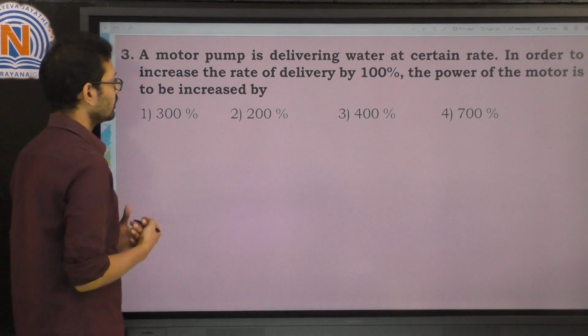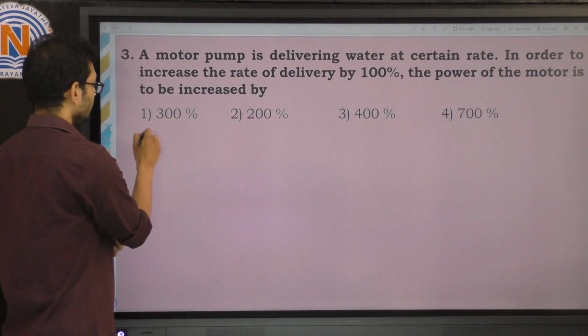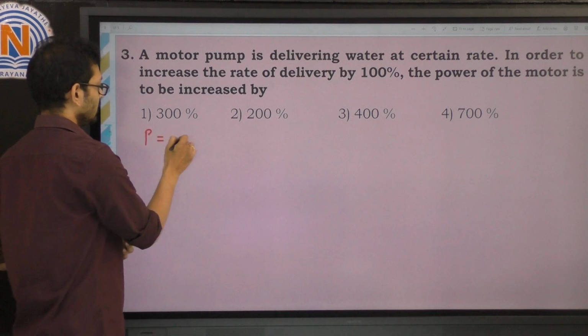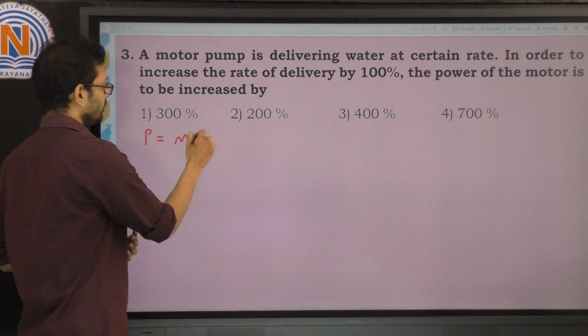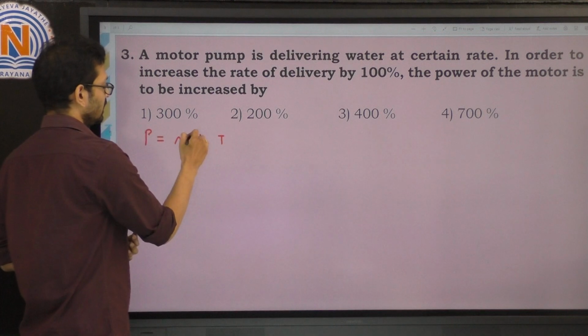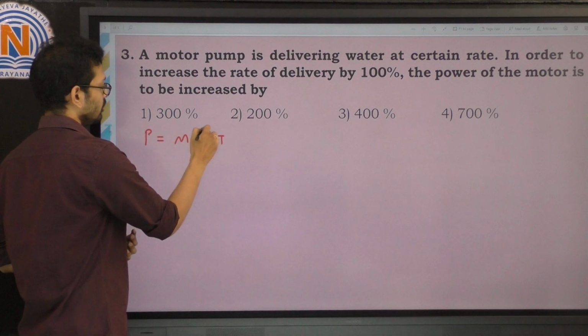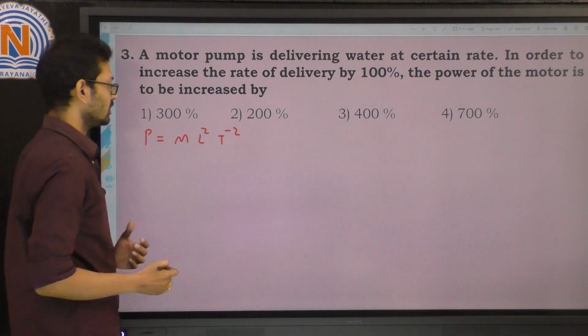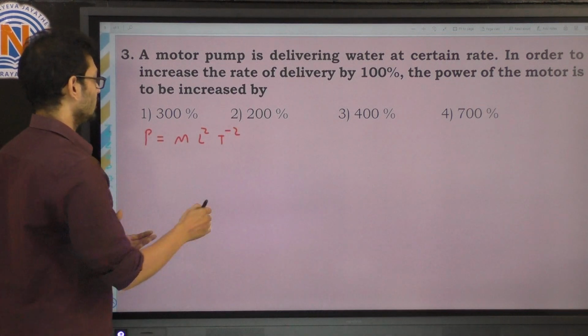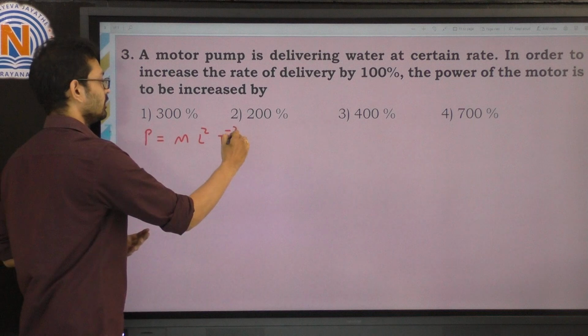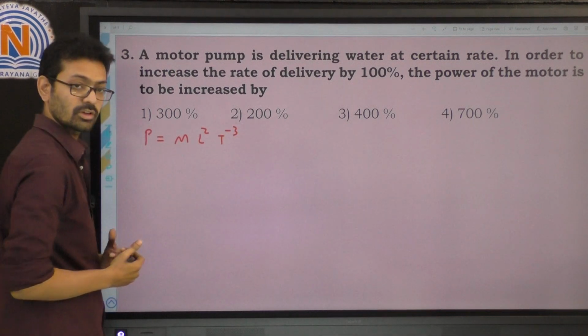The dimensional formula of power is M power 1, L power 2, T power minus 3.